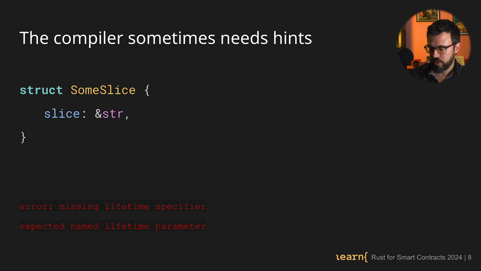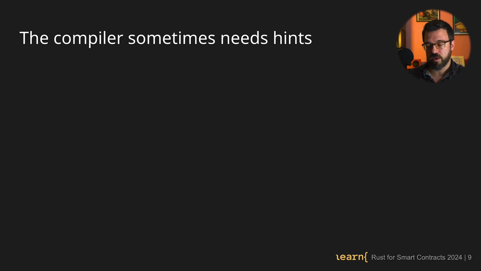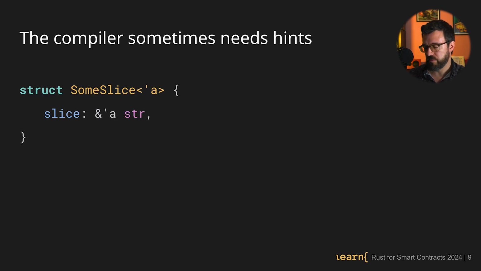And so we'll see, hey, expected a named lifetime parameter. So we need to come in and add the lifetime parameter just like we did for the function and specify that this reference lives that long.